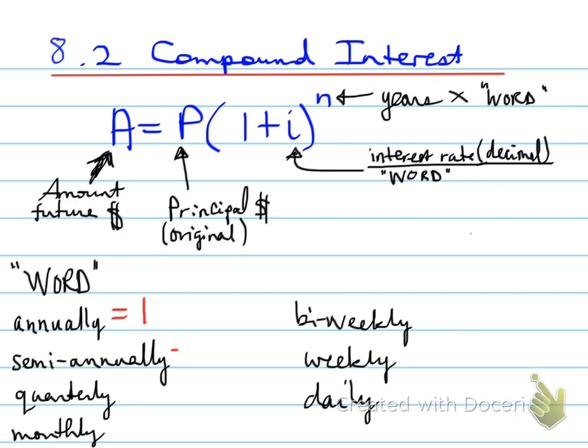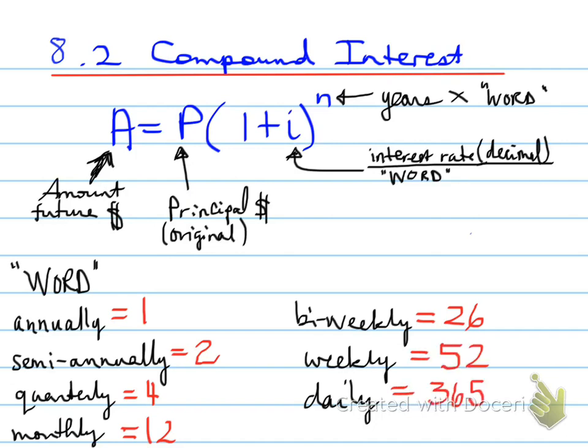Annually represents once a year. Semi-annually, 2 times a year. Quarterly, 4 times a year. Monthly, 12 times a year. Bi-weekly, 26 times a year. Weekly, 52 times a year. And finally, daily, which is 365 times a year.